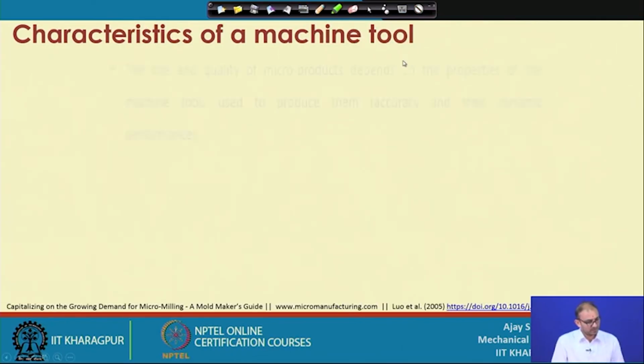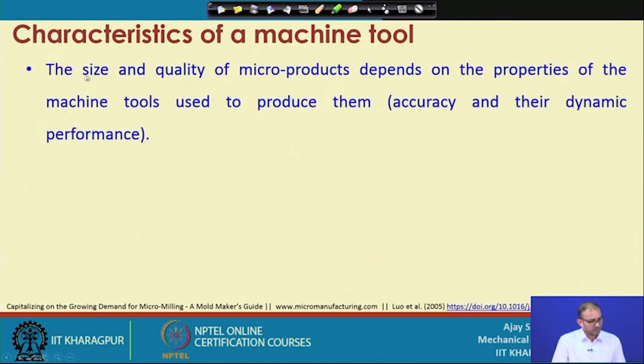Characteristics of a machine tool. Now, the size and quality of the micro product depends on the property of the machine tool used to produce them, that is mostly the accuracy and the dynamic performance. Dynamic performance means, when it is static we are not utilizing the machine, but the static deformation is also important, but that will take some time.